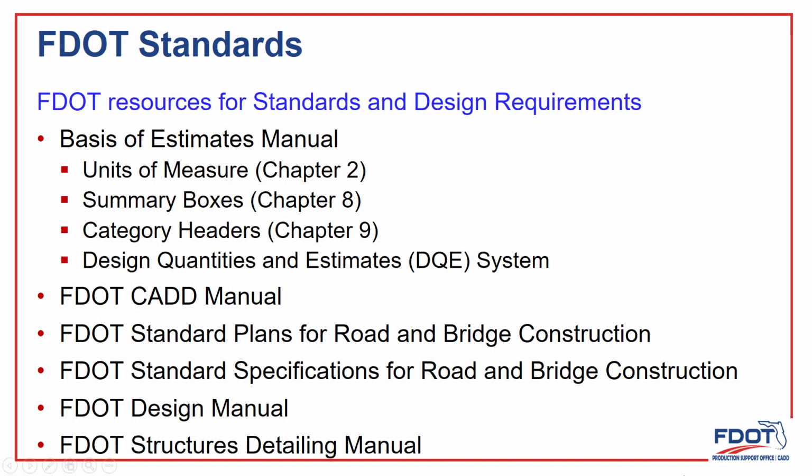The requirements for drawing, computing, and documenting quantity pay item information may be found in several FDOT publications. The Basis of Estimates Manual is the governing document that specifies how to compute pay item quantities.